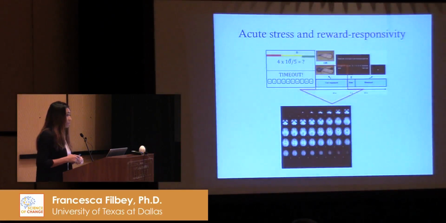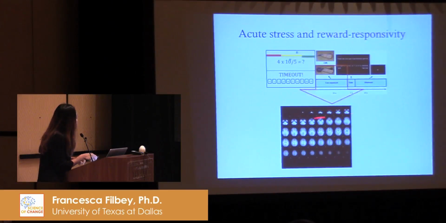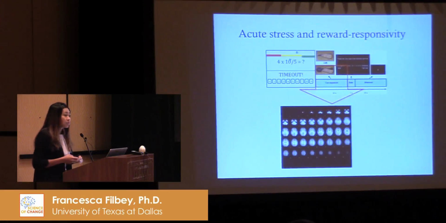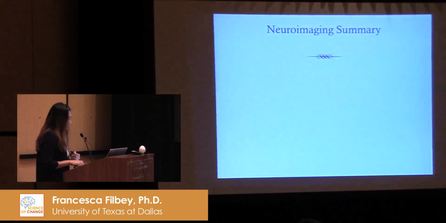And what we found when we looked at the cue exposure period following a stressful event is that, again, I'm sorry, this is very small, but again, there's activation in the orbitofrontal cortex following a stressful event, but not following a non-stressful event. So suggesting that stress, or acute stress, induces a higher craving in terms of neural response to cues.